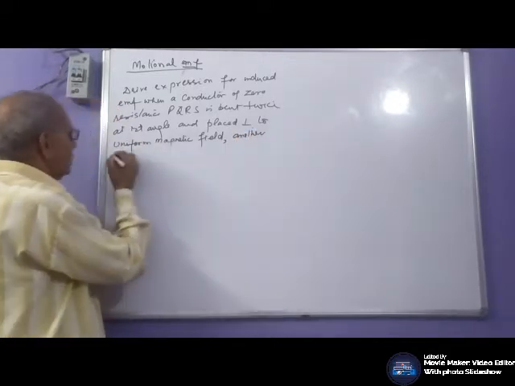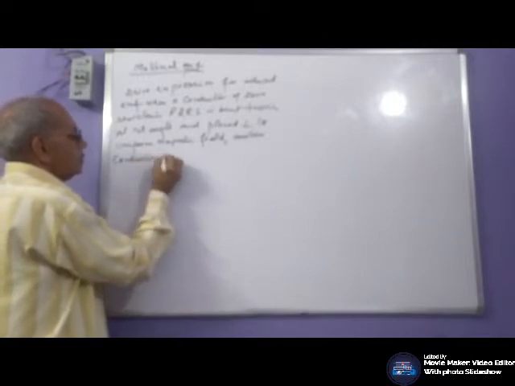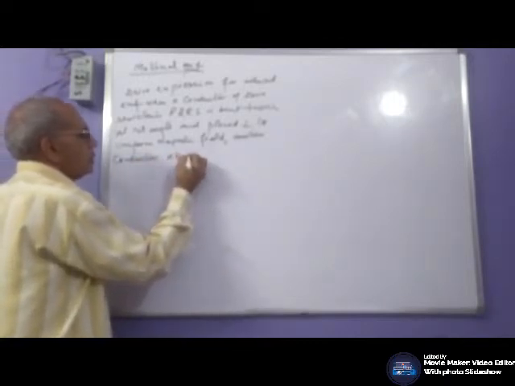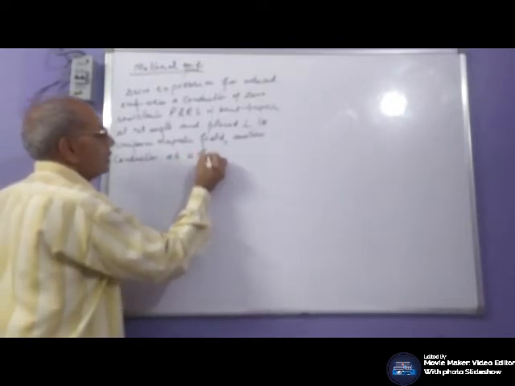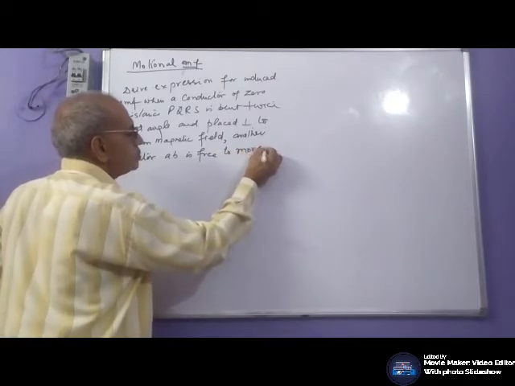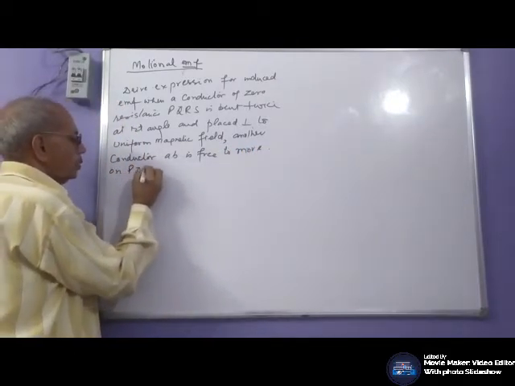Another conductor AB is free to move on PQRS.